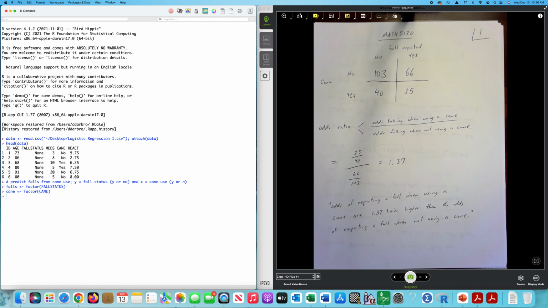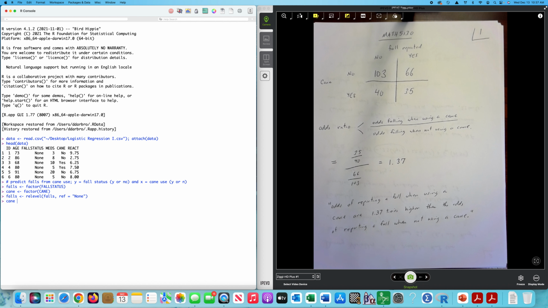The next thing I need to do is set my reference category. So I'm just going to use the relevel command that I used in a previous video. I'm going to do that with the variable fall, and I want to set the reference equal to none.